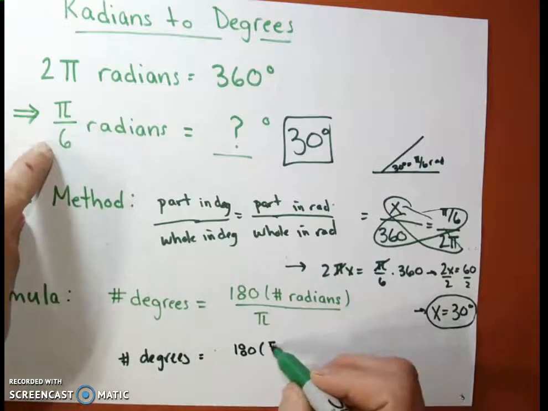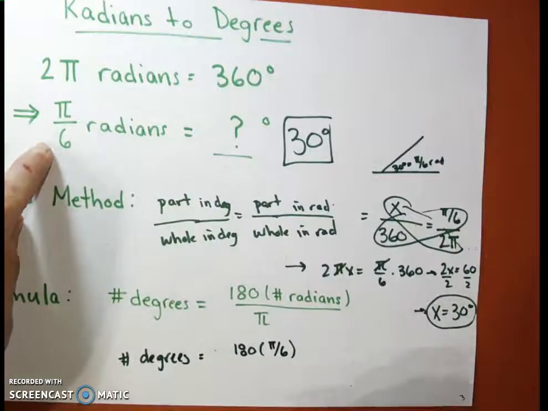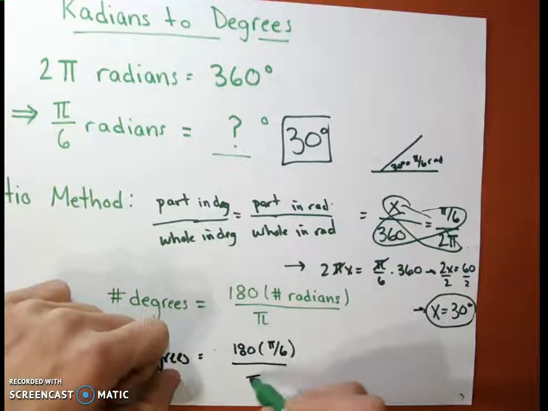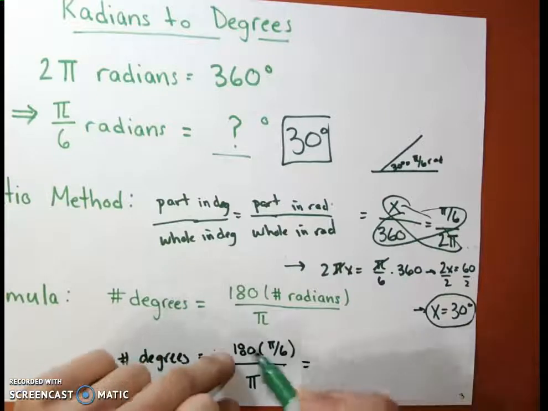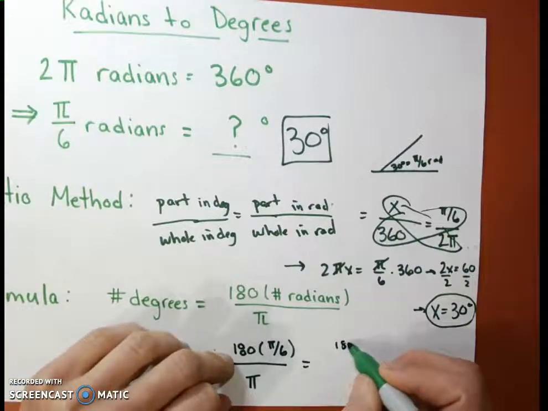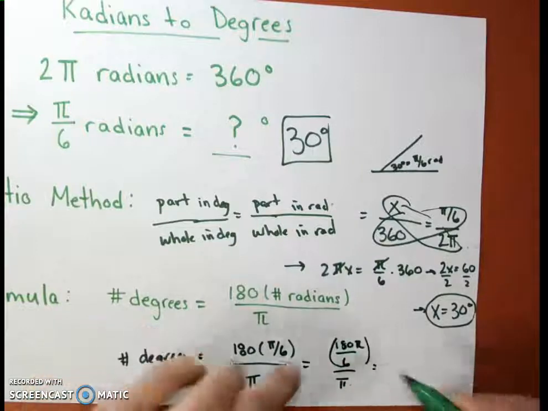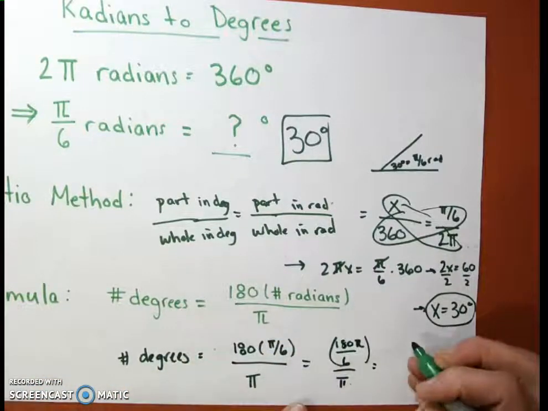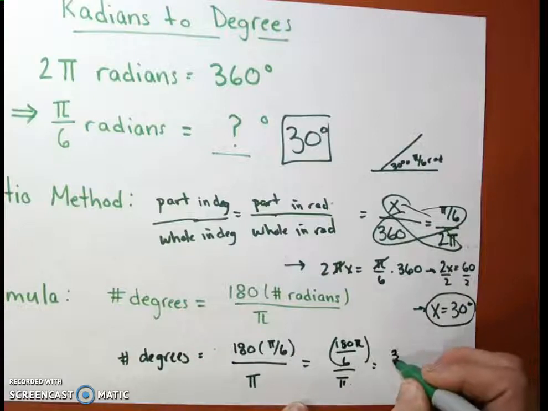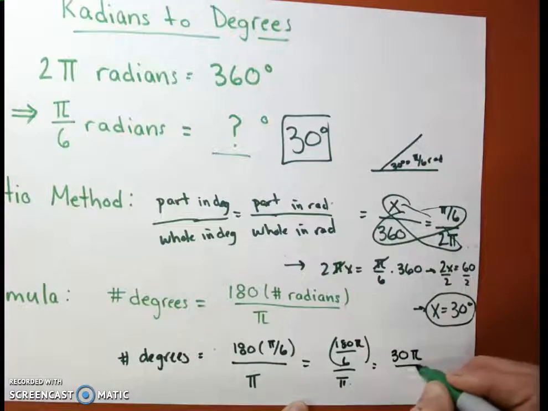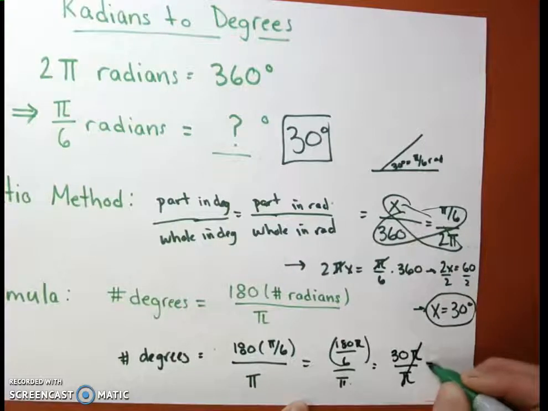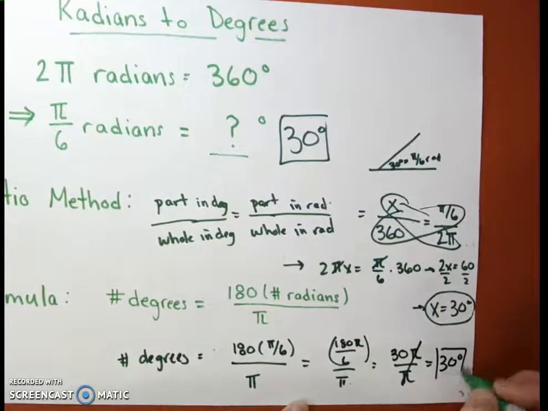The number of radians is pi over 6, divided by pi. So 180 times pi over 6, divided by pi. 180 divided by 6, well, that's just 30, so I have 30 pi on top, divided by pi on the bottom. The pi's cancel, so I get 30 degrees, just like I expected.